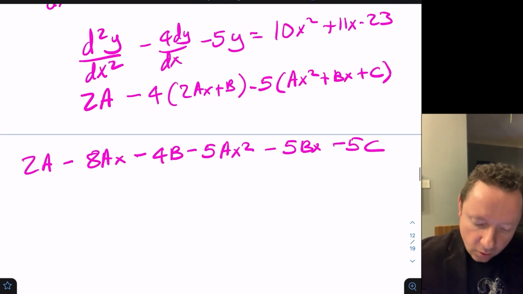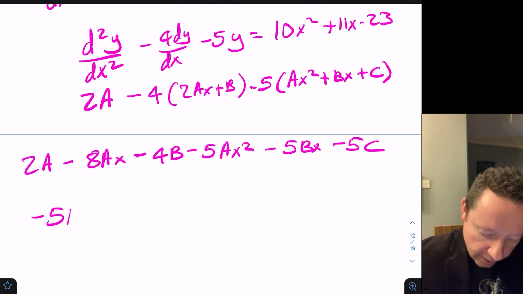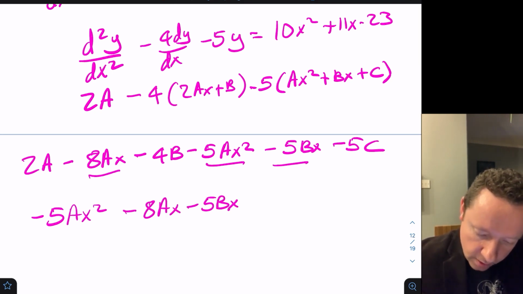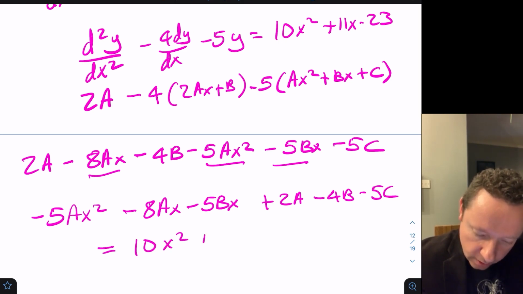Putting it all in the right order, you'll have minus 5ax squared. Then minus 8ax minus 5bx. Plus 2a minus 4b minus 5c. And we're going to equate that to 10x squared plus 11x minus 23.